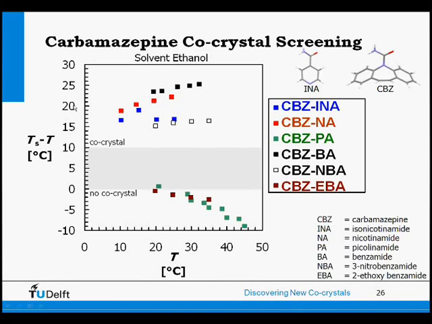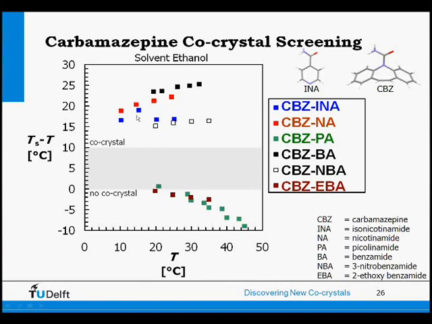So here is the saturation temperature minus the reference temperature for a number of systems. And well, we just arbitrarily chose 10 degrees as a point where we think if we have a temperature difference larger than 10 degrees, we have good indications that co-crystals exist.